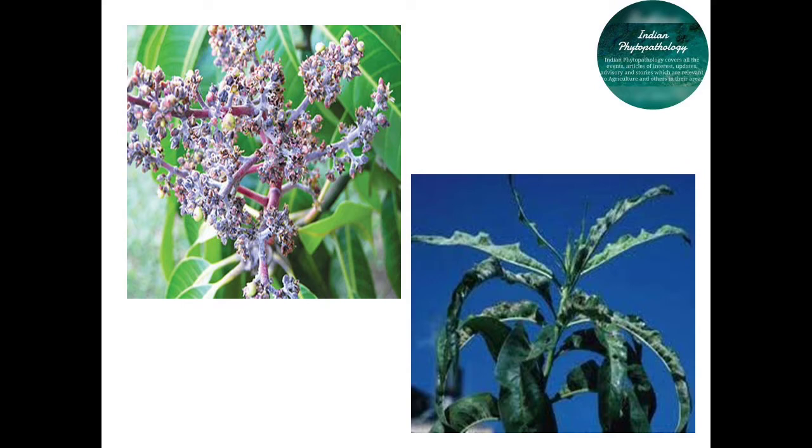Cloudy weather with rain or heavy mist in the morning and cool nights favors the development of this disease. Similarly, high wind velocity for 3 to 4 days, maximum temperature ranging from 30 to 34 degrees Celsius and minimum temperature of 15 to 20 degrees Celsius is favorable for attack of this powdery mildew.